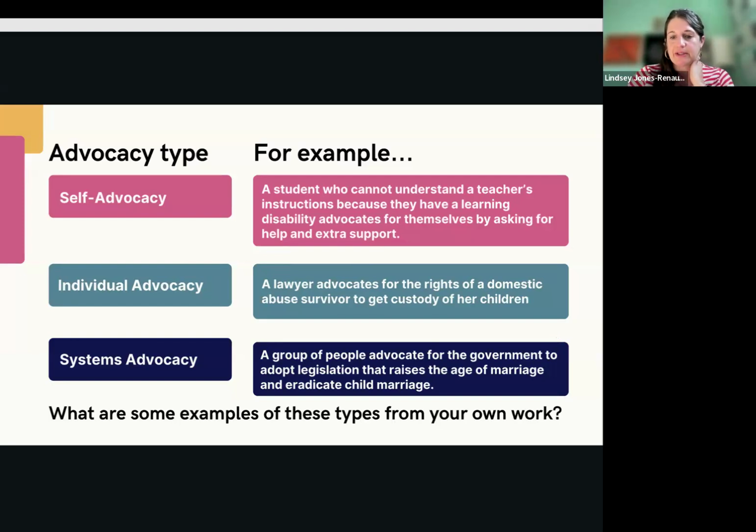Layeka, sorry if I'm mispronouncing. Self-advocacy is, for example, when a patient tells a doctor, I felt dizzy with this medicine. Patient advocacy is a great example of self-advocacy because a lot of times certain groups, women for example, their doctors don't listen to them or don't trust them, because medicine historically has been tested on men.